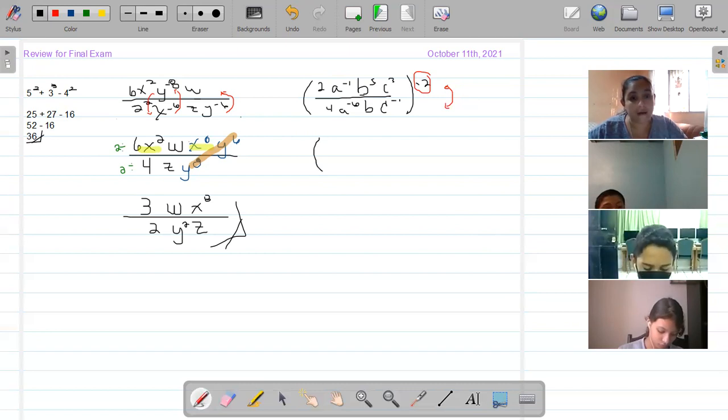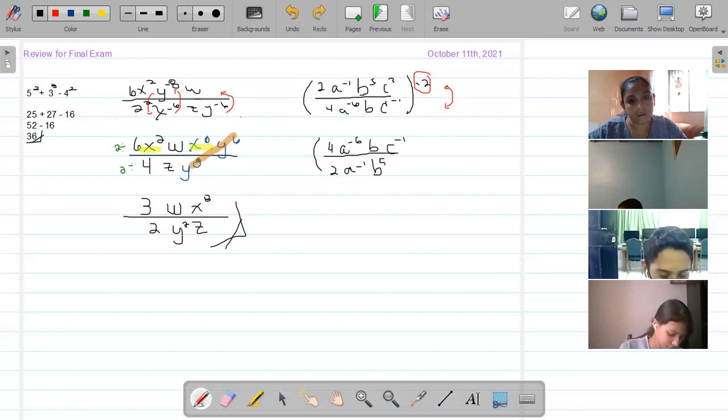So it means that you're going to have 4a to the negative 6th power, because this was in the denominator. So now it passes to the numerator. C to the negative 1. Everything over 2a to the negative 1, b to the 5th power, and c to the cube.